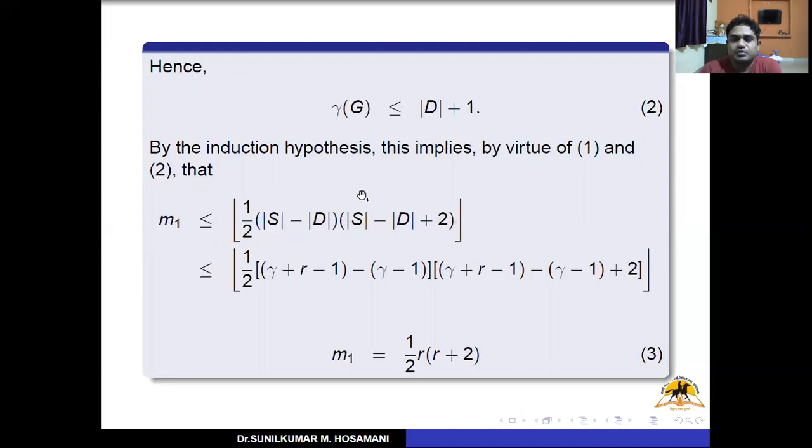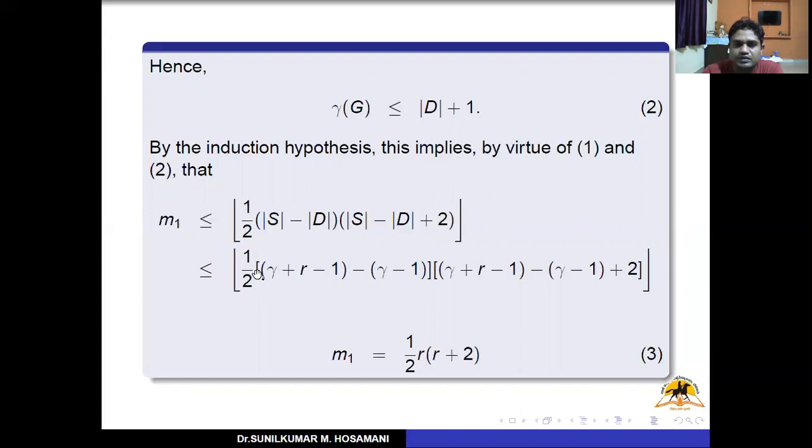In the hypothesis of the theorem we have 1 by 2 gamma minus 1 by 2 n minus gamma into n minus gamma plus 2. Therefore here I am replacing n by the cardinality of S and gamma by the cardinality of D for this graph, for M1, and after putting in the values: the cardinality of S is gamma plus R minus 1, and the cardinality of D is gamma of G minus 1 here.